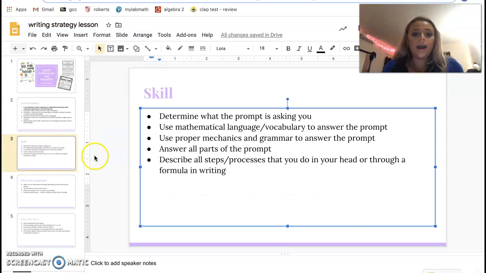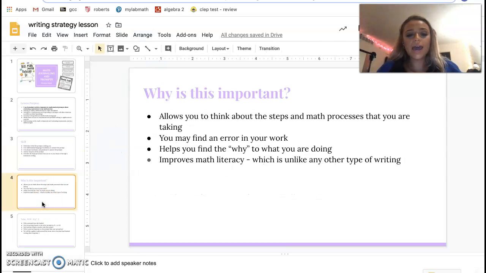So I'm going to go back and talk for a second about why this is important and why we're implementing this strategy into our class. It does allow you to think about the steps and math processes that you're taking.